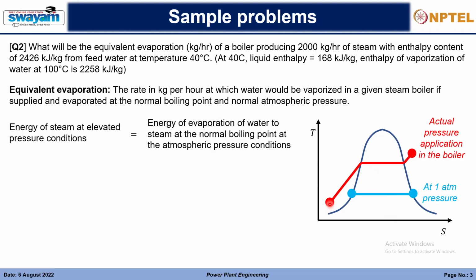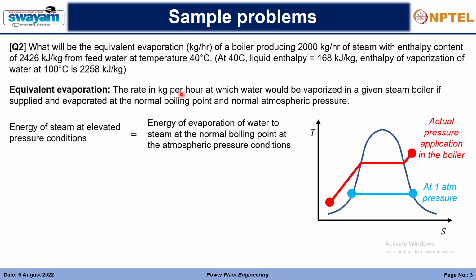So basically there will be a mass flow rate of the steam supplied by the boiler, working in this particular curve with this particular process, as you can see. And if we are to compare the same amount of energy, but at 1 atmospheric pressure conditions, then how much would be the mass of steam that it would supply at this 1 atmospheric condition? That would be the equivalent evaporation.